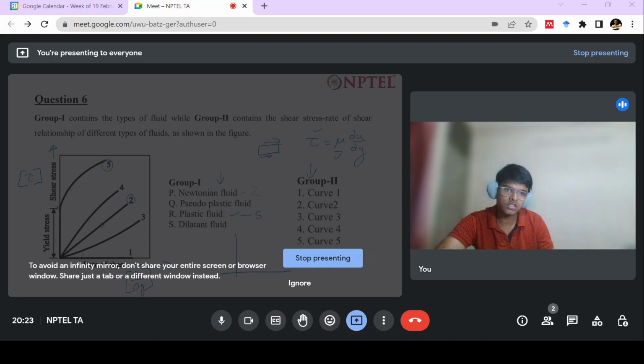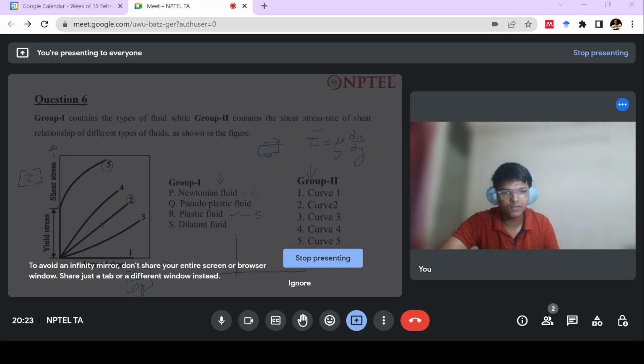This viscosity is basically the slope of this curve, right? So here, unlike the plastic fluid, pseudoplastic fluids from the beginning itself display some rate of shear. So this flows, unlike plastic fluid.